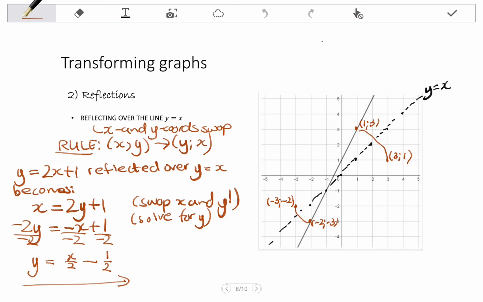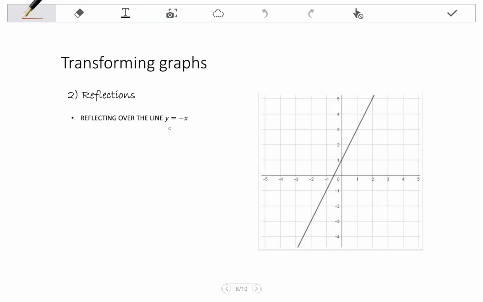Okay, last reflection is over the line y equals -x. Okay, now y equals -x is where we have the same numerical values for x and y except that they have opposite sign. So where x is -1, y is +1. Where x is -2, y is +2. Where x is 1, y is -1. And you get the idea.